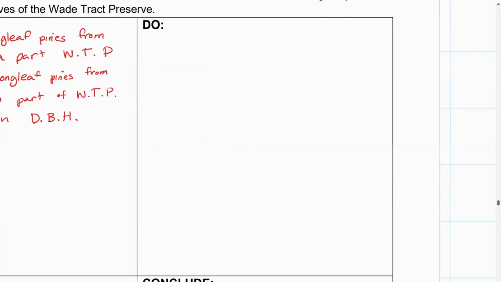Let's go on to the do step. If we're using the formula, the confidence interval is x bar 1 minus x bar 2 plus or minus t star times the square root of s1 squared over n1 plus s2 squared over n2.